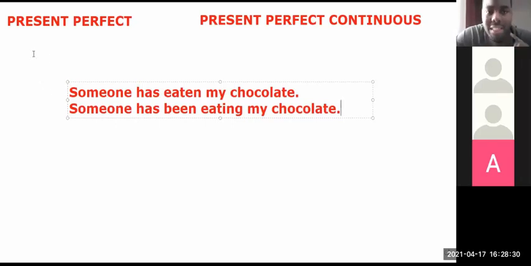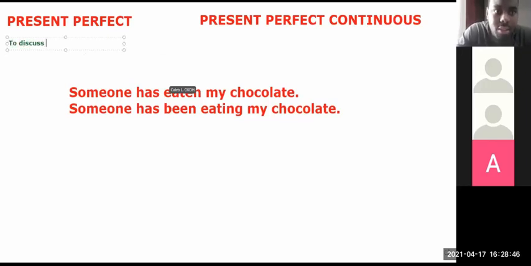Now, what is the main reason why we use the present perfect tense? Let me quickly explain this to you, and hopefully you are going to get this better. The present perfect tense is mostly used to discuss or describe recent actions. So when you're talking about recent actions, what exactly does it mean?